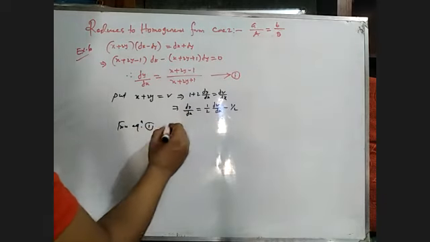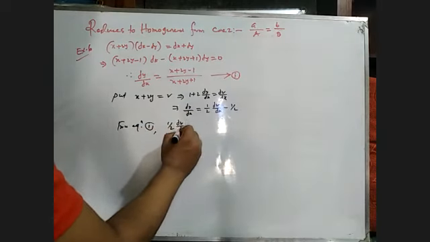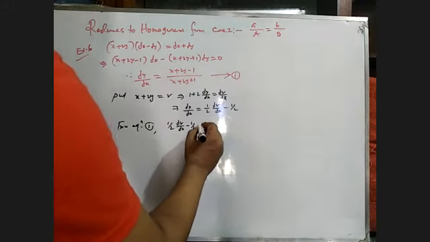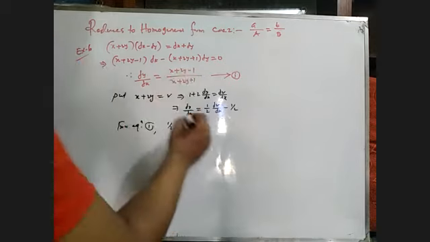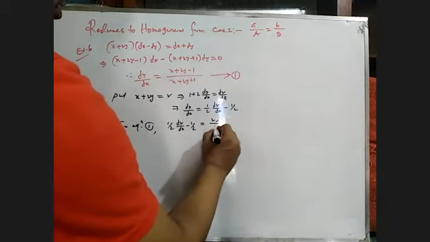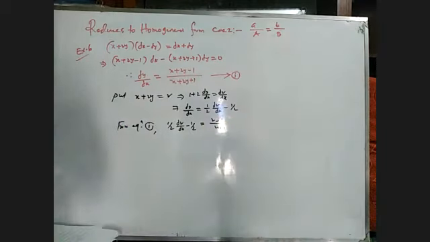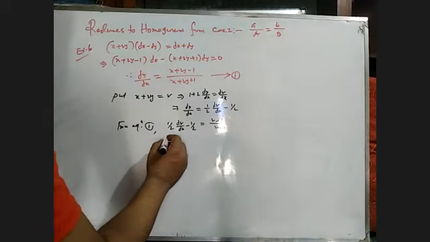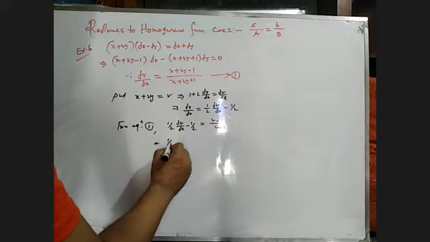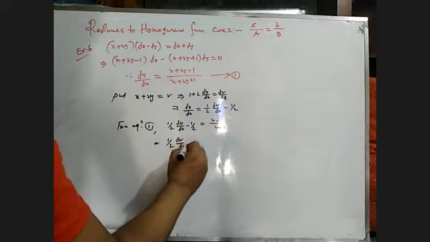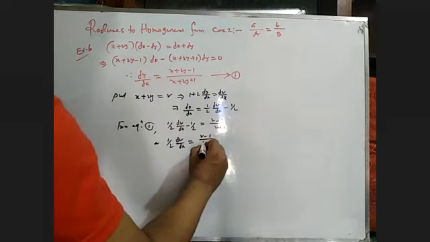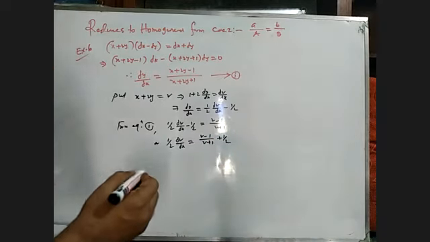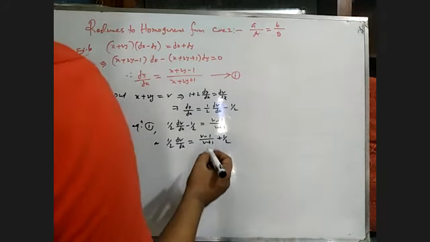So from equation 1, this dy/dx means half db/dx minus half equals (b minus 1) over (b plus 1). So half db/dx equals (b minus 1)/(b plus 1) plus half.